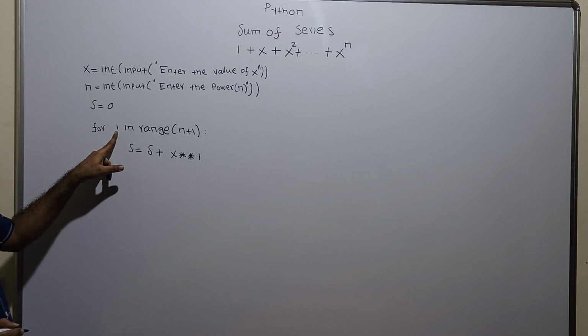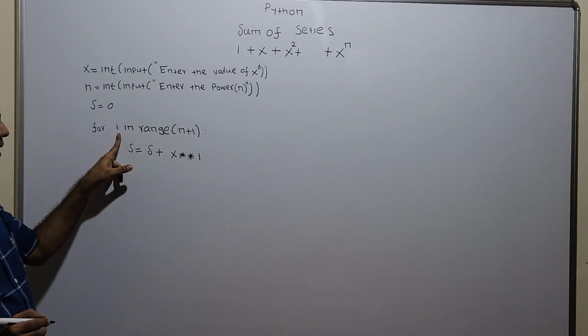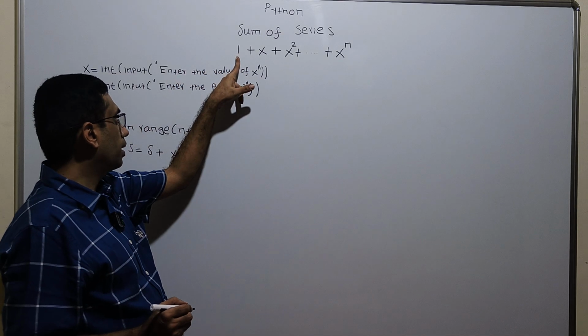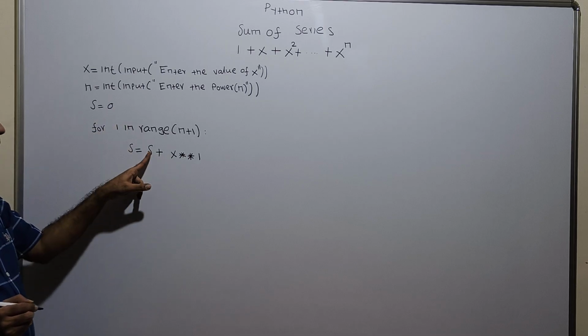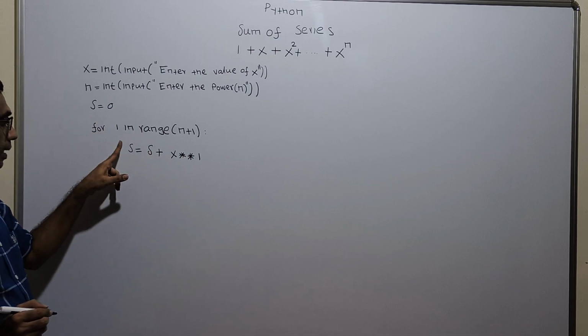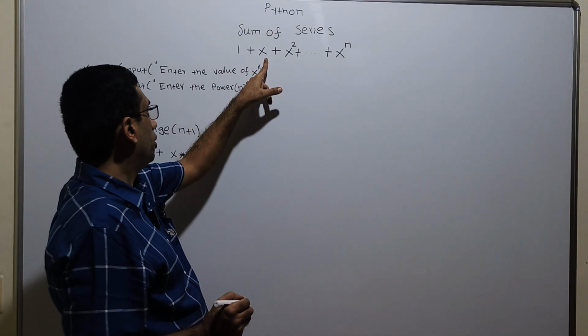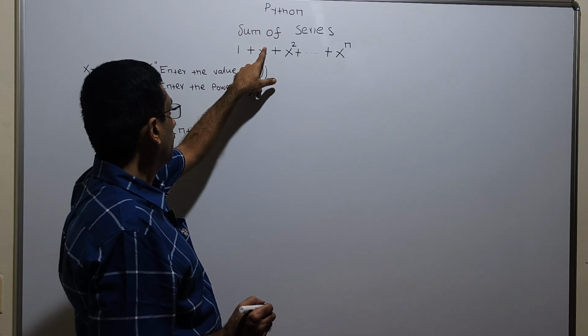Likewise, i will take the values from 0 to n. In the first iteration, i takes the value 0, x power 0, that is 1, will get calculated and added to the existing value of s, that is 0, so 0 plus 1 will get stored in the variable s. Next iteration, that is x power 1. For any value you give, if you give 2, that is 2 power 0, and 2 square.